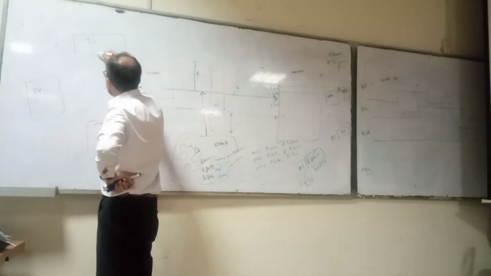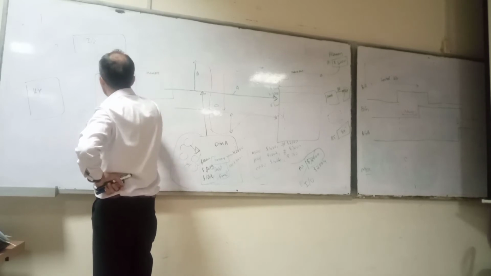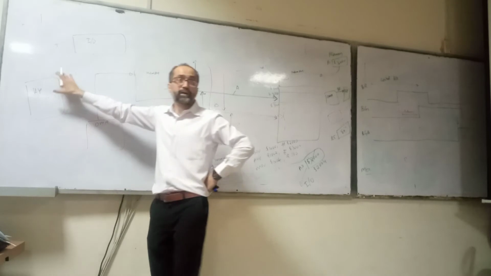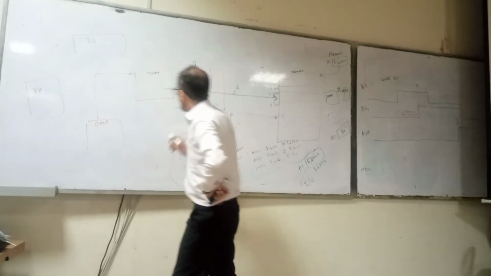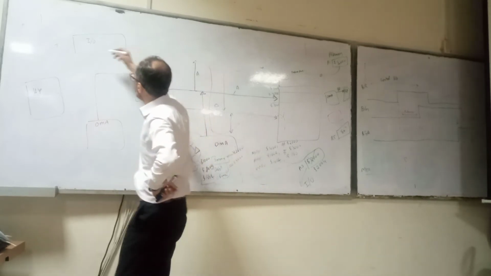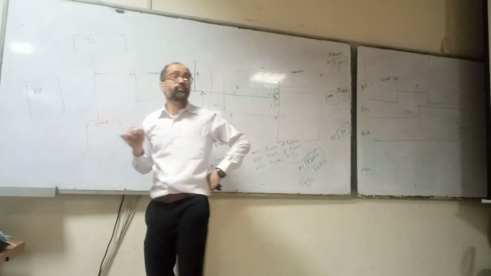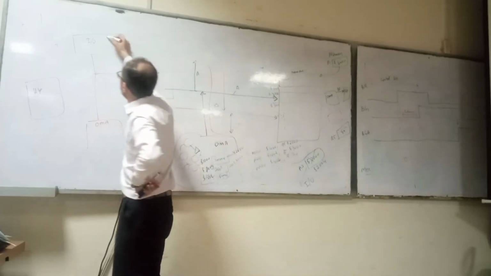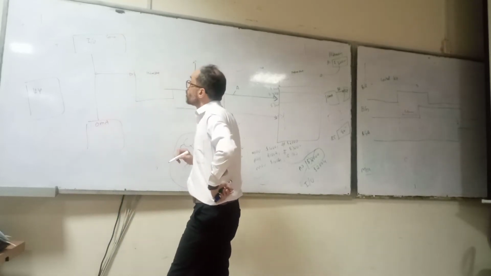Now we have some address lines. These are the address lines. I am not showing the address lines from the microprocessor. What is your source now? Source is your I/O.